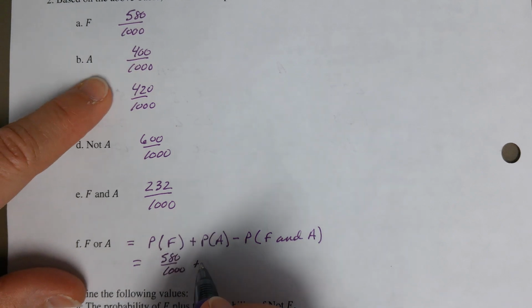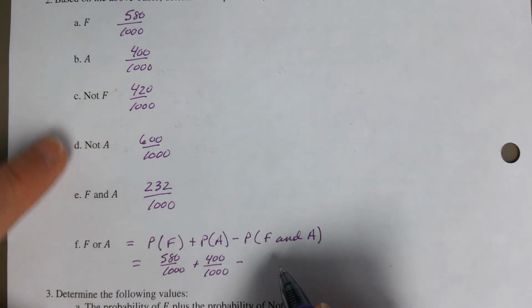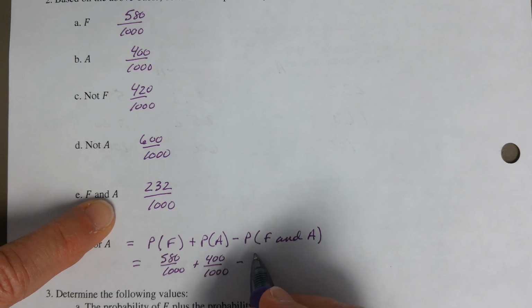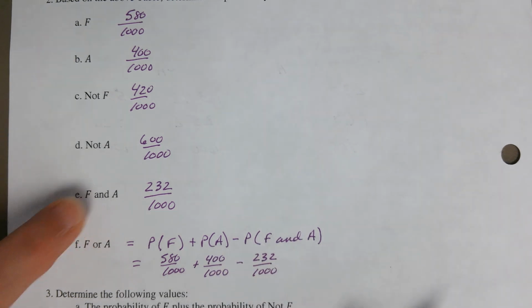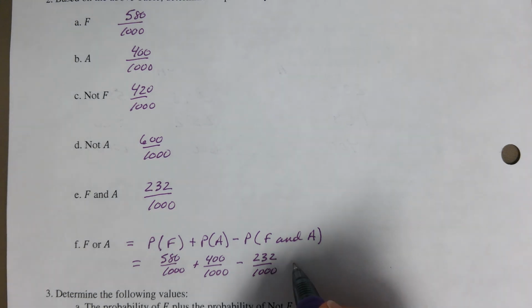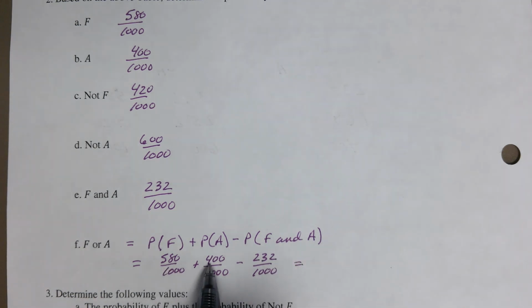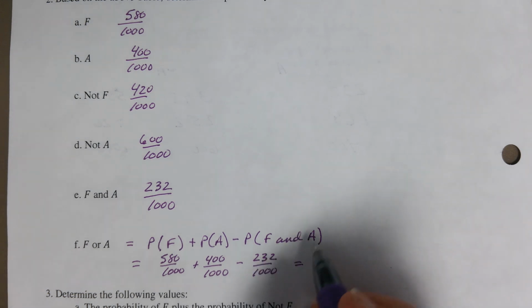The probability of A, 400 over 1,000. And the probability of F and A is 232. Which is equal to 980 minus 232, 748 over 1,000.